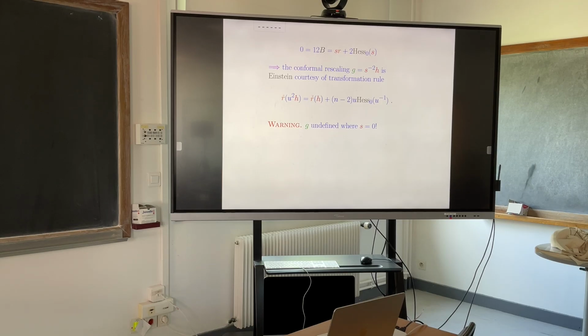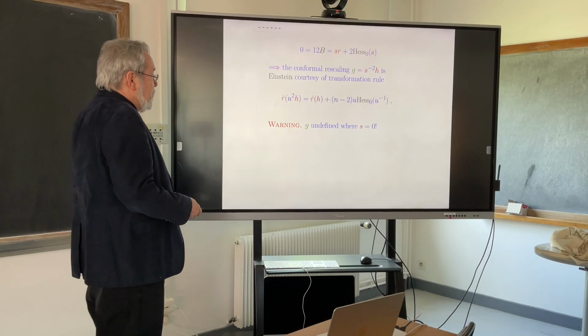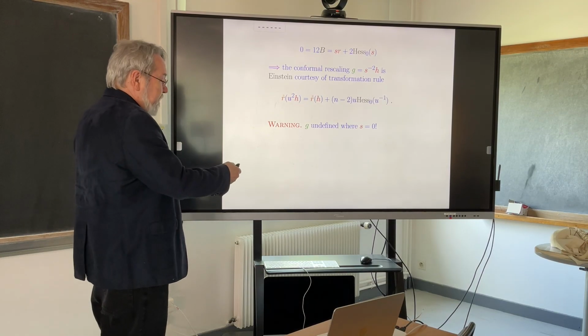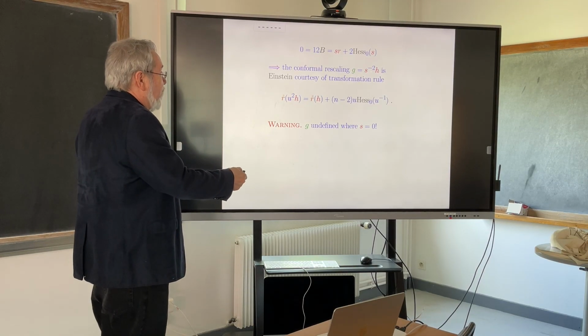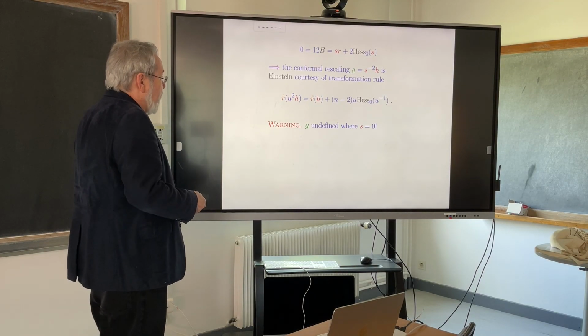So in fact, the thing you want to do is multiply the metric by the scalar curvature of the Kähler metric to the minus 2 times h. And this would only make sense globally if you knew that s was positive. Otherwise, this metric would be undefined where the scalar curvature vanished.